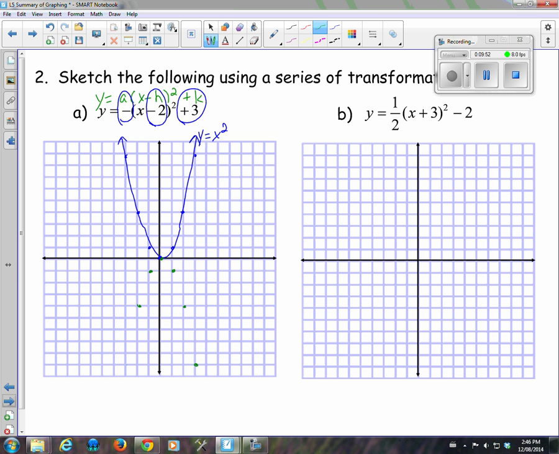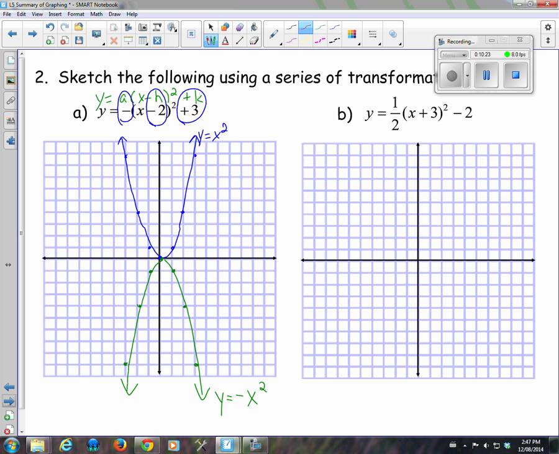So instead of following the step pattern of the odd numbers, over 1, up 1, over 1, up 3, over 1, up 5, the negative in front of the x squared means that it goes down the odd numbers instead of up. So that's my second step. My second step showed what the negative did to the x squared.